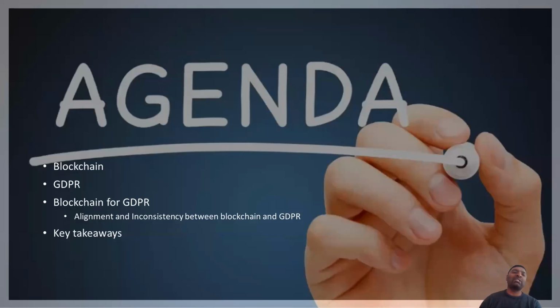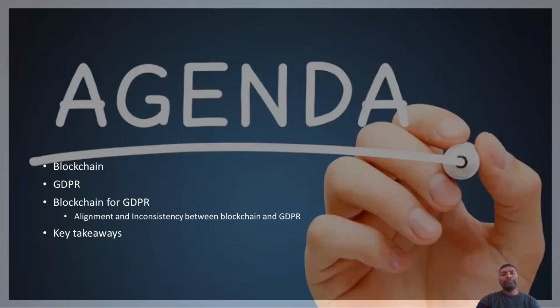Then I will speak about blockchain for GDPR, basically how blockchain can be used to ensure GDPR, what kind of alignments and inconsistencies there are between blockchain and GDPR. And then I will summarize the key takeaways from this short lecture.